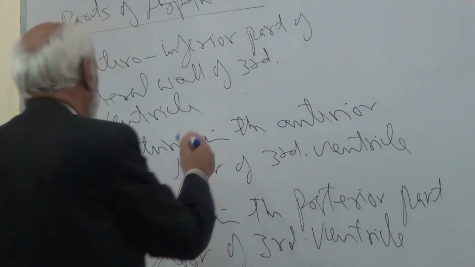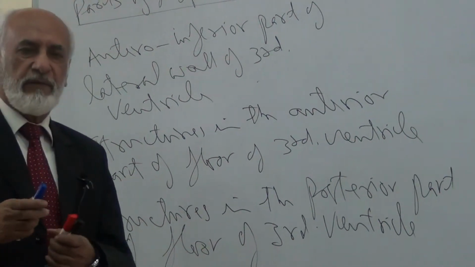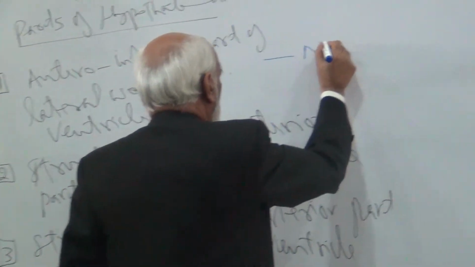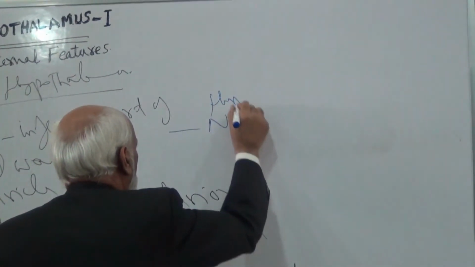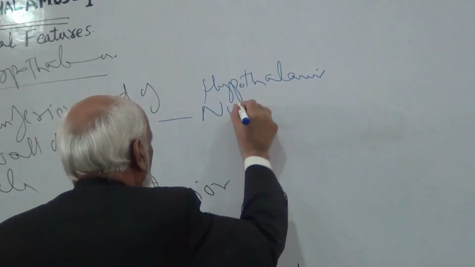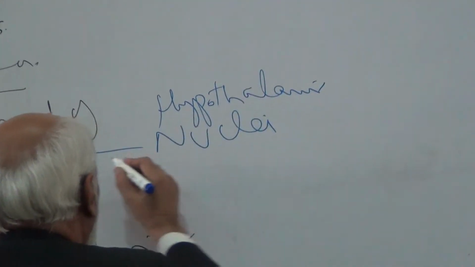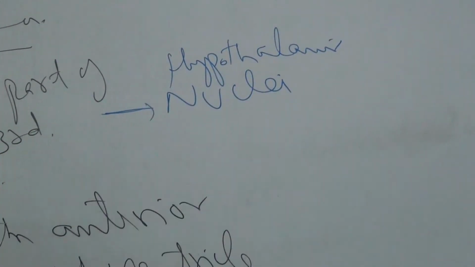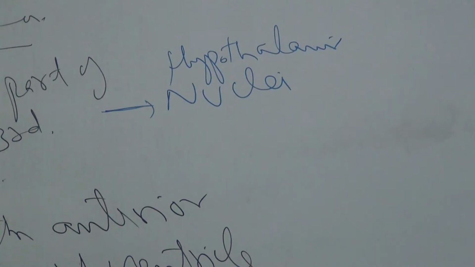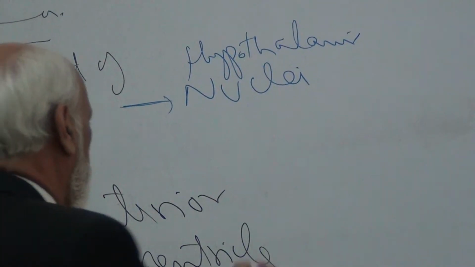Now, structure in the anteroinferior part of the lateral wall of the ventricle comprise of different hypothalamic nuclei. Now, structures in the anterior half of the floor of the third ventricle are different.